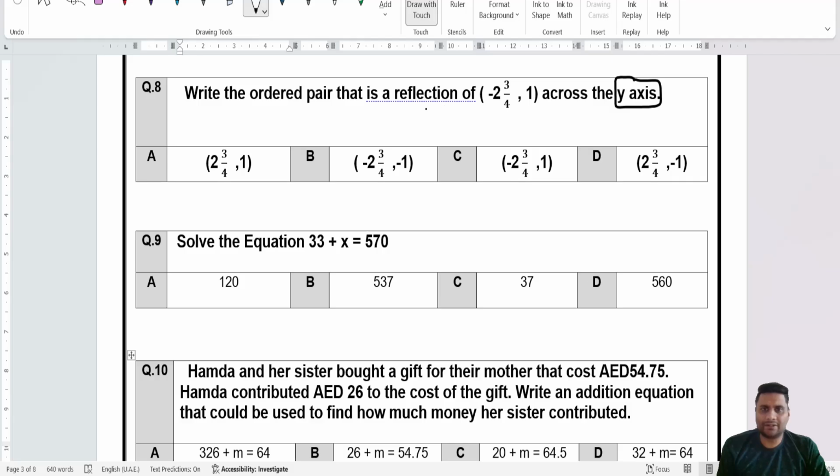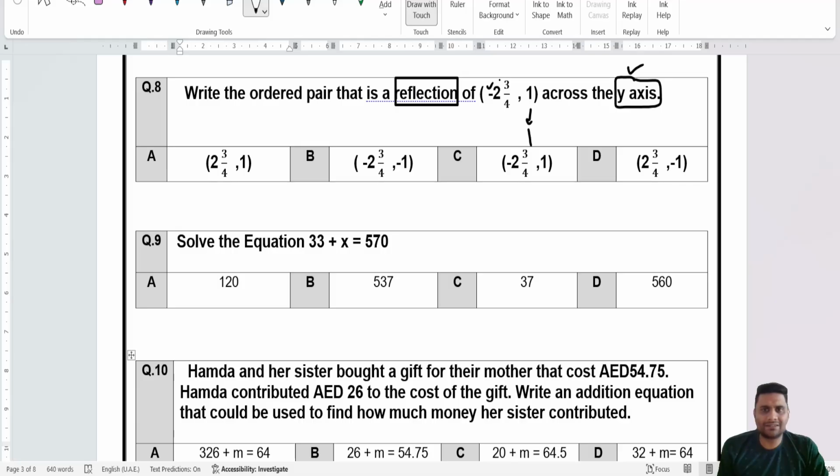If he talks about reflection in the question and he says y-axis, reflection is across the y-axis. In that case the y will remain same in the answer, and you only change the sign of x.